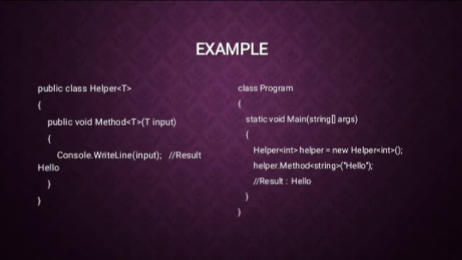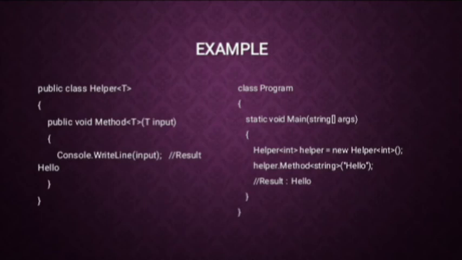Now the sample example for generic classes. So public class Helper, just a class name. In that class, I have mentioned one method called void Method with input. Console.WriteLine of input. Here I have mentioned hello, so it is a string parameterized data type. In the main method, I am creating an object: Helper of int helper is equal to new Helper of int. Then I am calling helper.Method of string, hello.